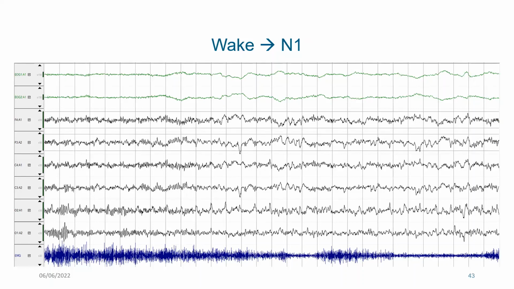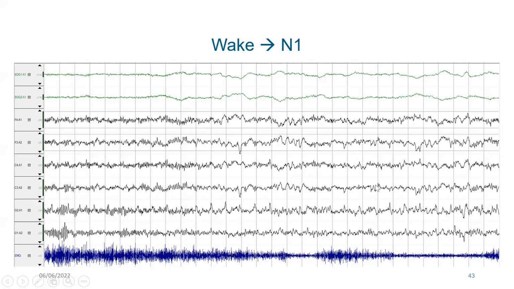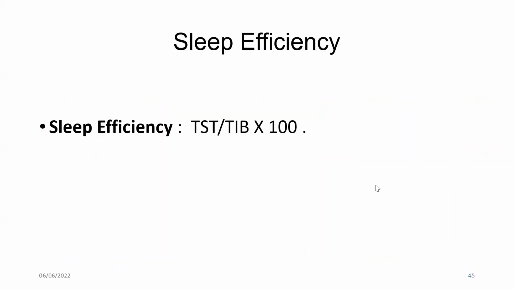On the next page, this is stage N1, but the previous epoch is called wake. Sleep latency is at this point, and this is the first epoch where we got sleep, which is the N1 stage.